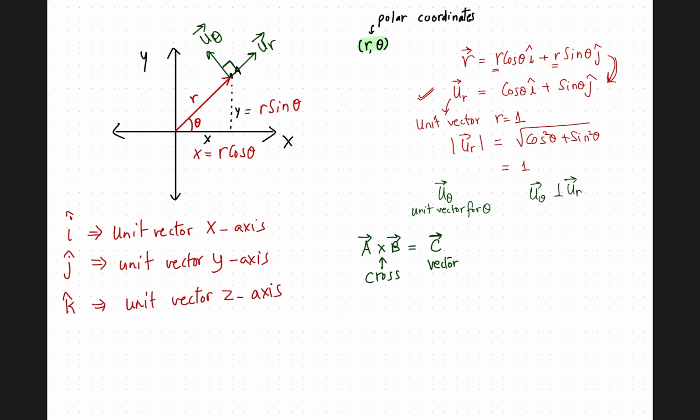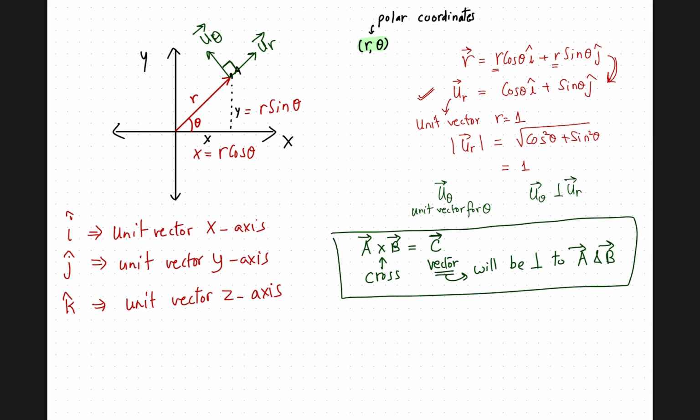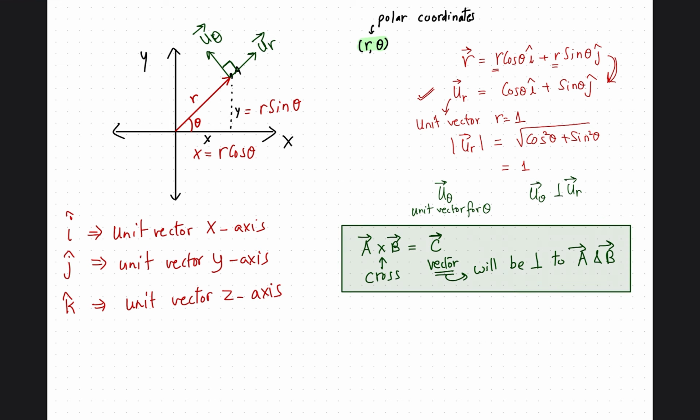More than being a vector, this vector will be perpendicular to both A and B. This is something which you need to know as previous knowledge. When we do cross product, the answer will be a vector and it will be perpendicular to the two vectors which you used for doing the cross product.